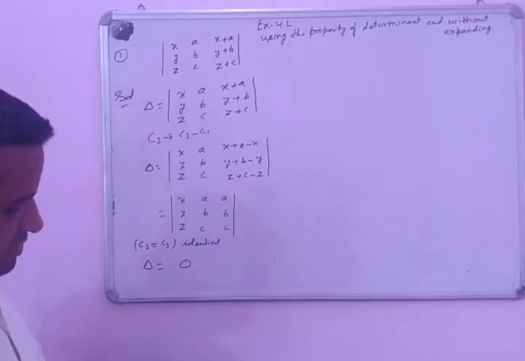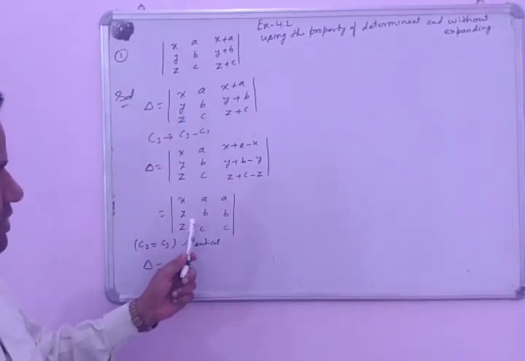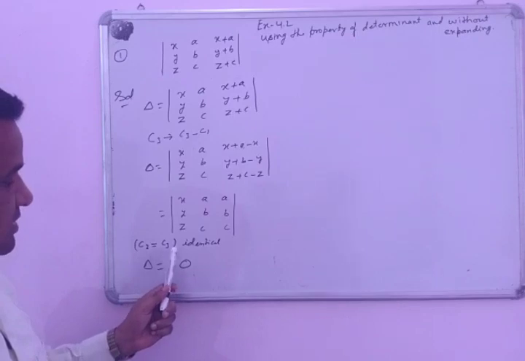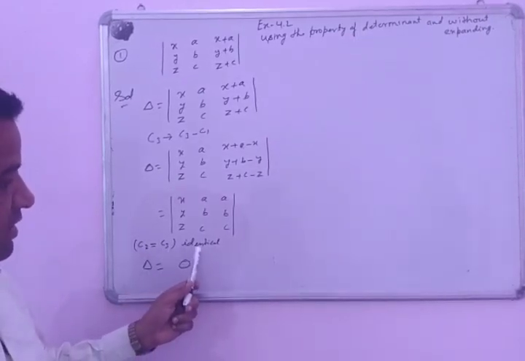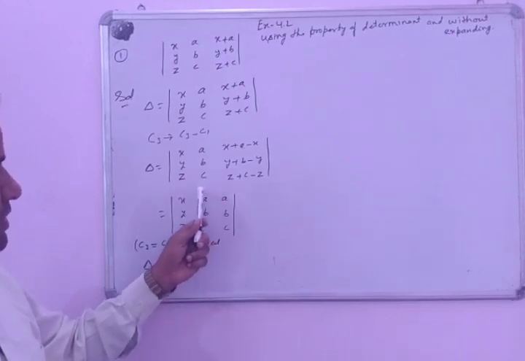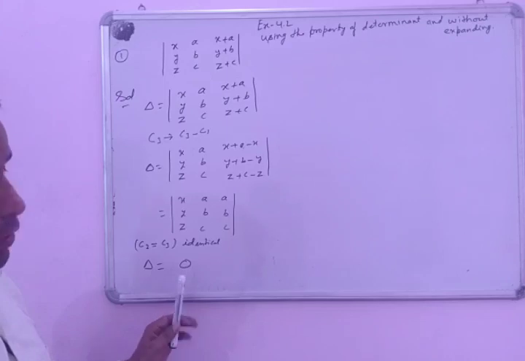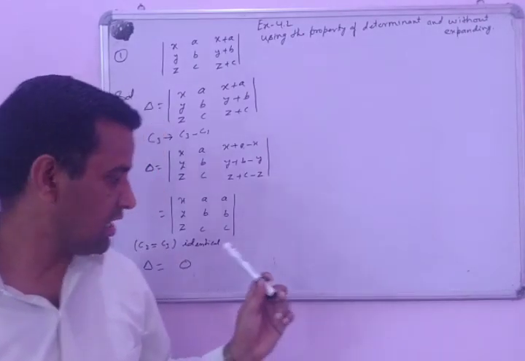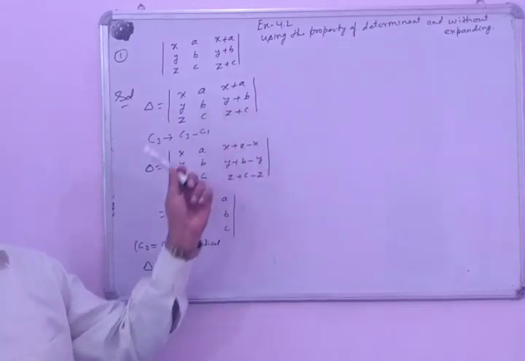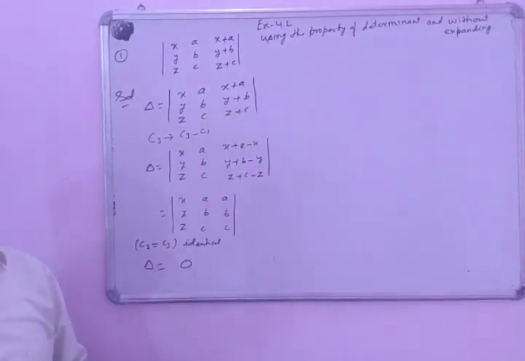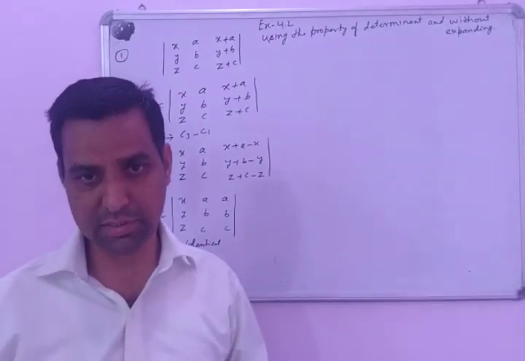The value of the determinant is 0 because of the property that C2 equals C3, meaning columns C2 and C3 are identical. So you get the answer without expanding. This type of question is 2 marks, but some questions have more difficulty, for 4 marks. Next question.